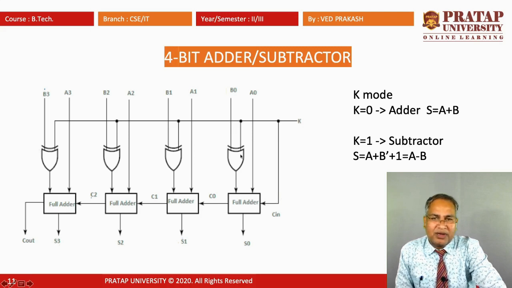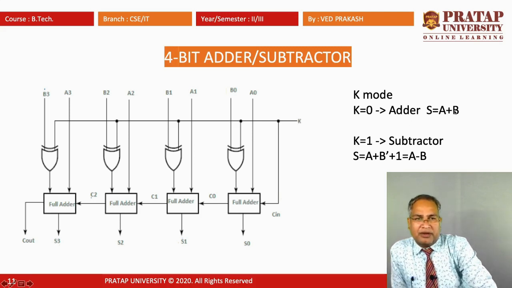So, whether it works as an adder or a subtractor depends on the mode value, or K value, of this circuit diagram. So, this K bit is also known as the mode bit.